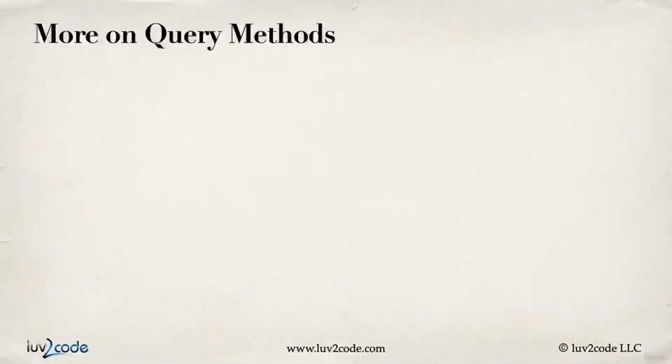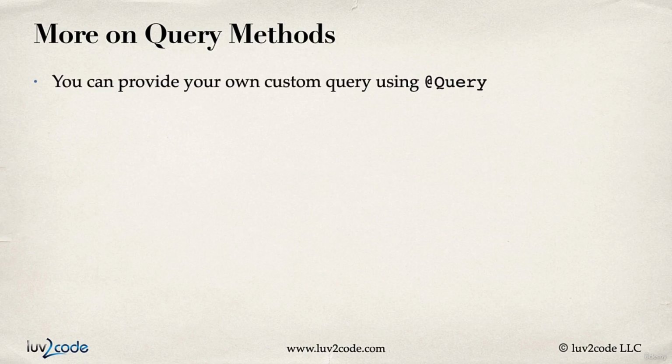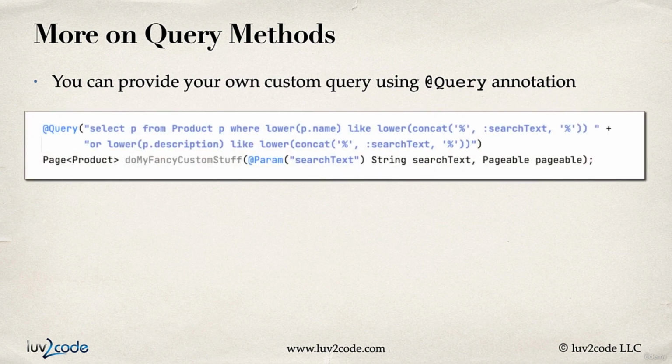All right, a bit more on these query methods. You can provide your own custom query using the @Query annotation. You might say, I don't like the magic of the method name, or I have a very complex, advanced query for my business that I can't write out as a given method. Don't worry. You can use @Query and give your own query.